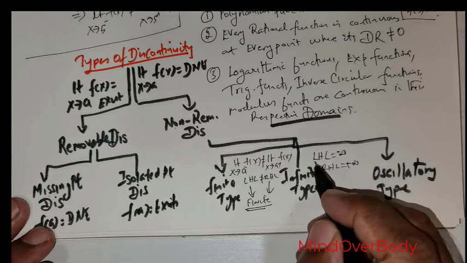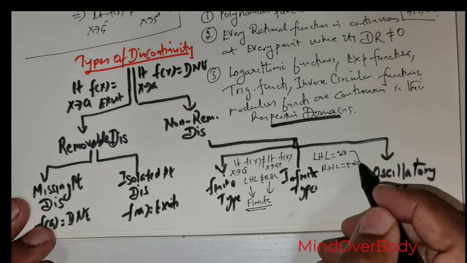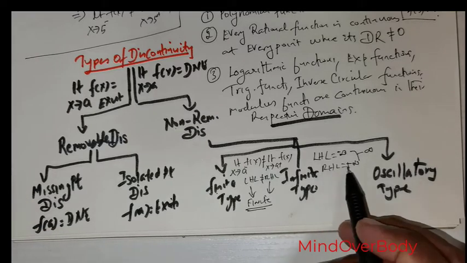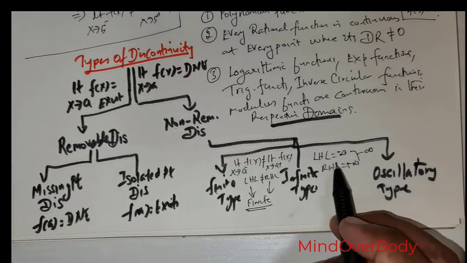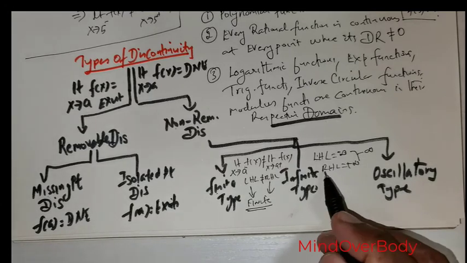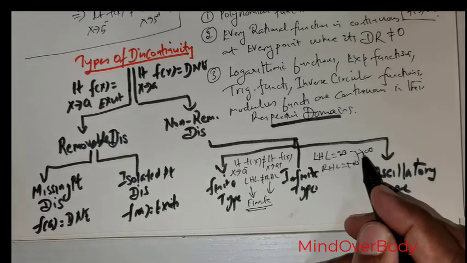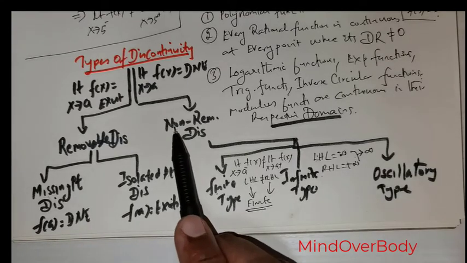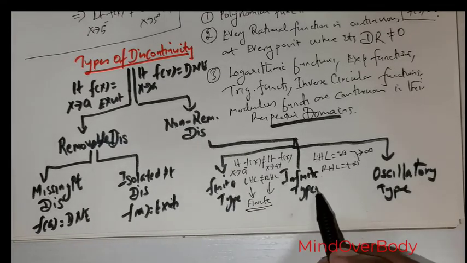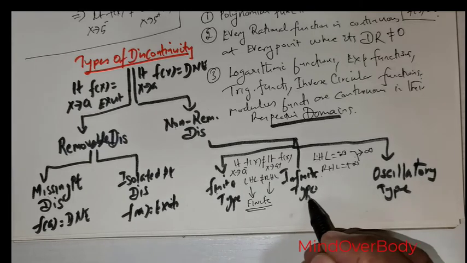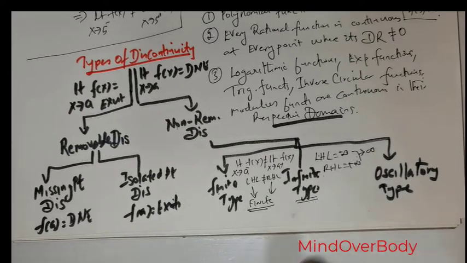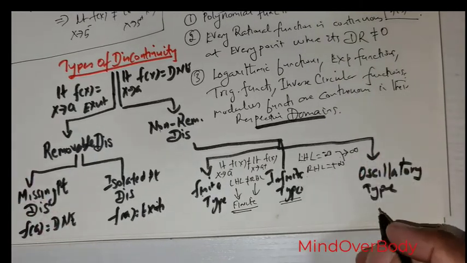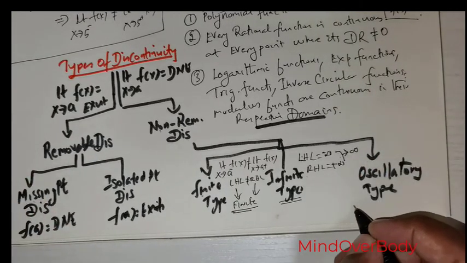Now if one of these produces an infinite quantity, it's not necessary that both of them should lead to infinity, but just one of them, either the left hand limit or the right hand limit, leads us to infinity. Then we say f of x has a non-removable discontinuity of infinite type. So that is for this branch. Now for oscillatory type, you wouldn't be able to zero in on a fixed value.